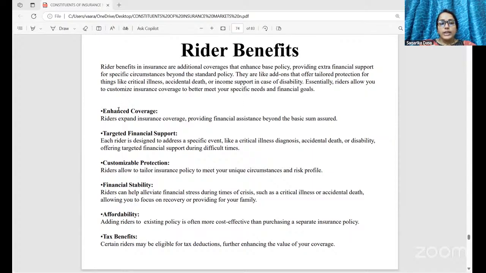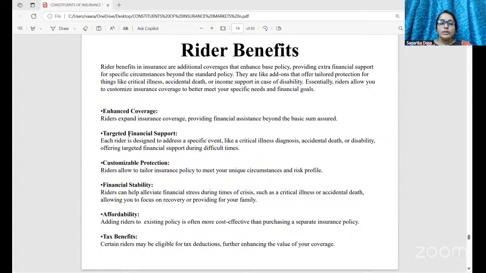Now it includes enhanced coverage. Riders expand insurance coverage, providing financial assistance beyond the basic sum assured. With rider benefits, enhanced additional coverage is provided to the policyholder. Targeted financial support: each rider is designed to address a specific event like a critical illness diagnosis, accidental death, or disability, offering targeted financial support during difficult times.